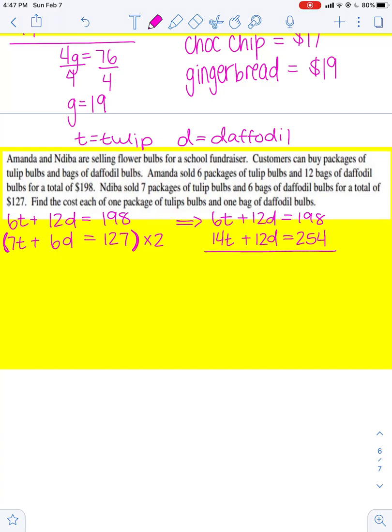So this is going to give me this, and I'm going to subtract right here because I can get 0 by doing 12D minus 12D. So that's going to give me negative 8T is equal to negative 56. So I'm going to divide by negative 8 on both sides. And that is going to give me that T is equal to 7. So I know tulips cost $7.